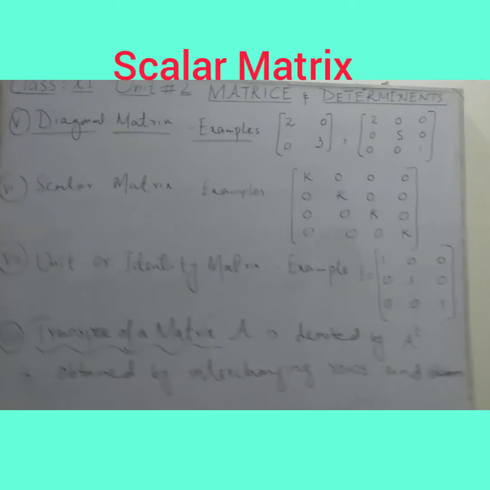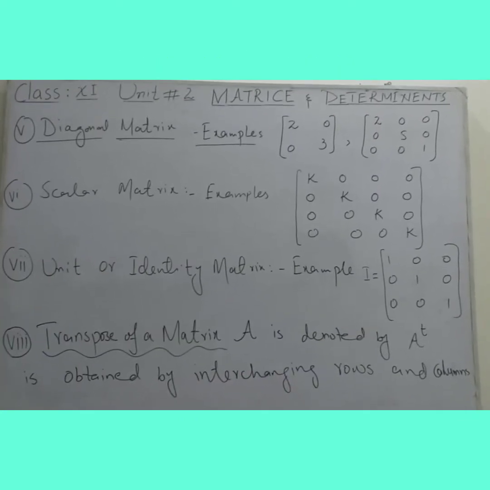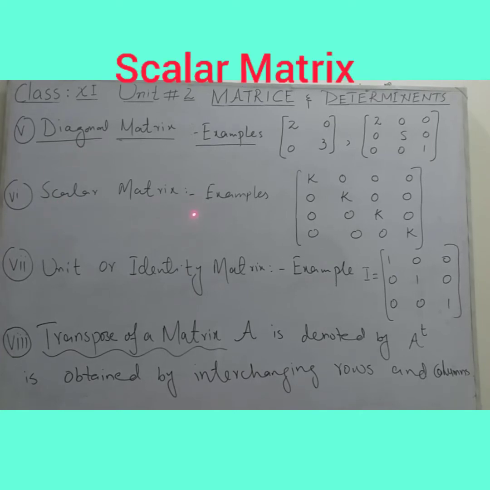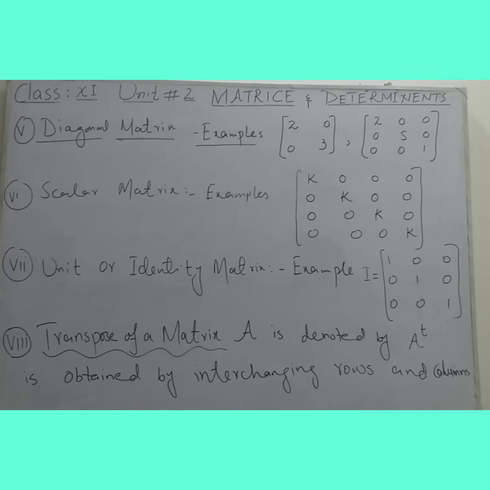Now, next, type 6 is a scalar matrix. A diagonal matrix becomes a scalar matrix when the main diagonal contains the same element, meaning it should be a constant. Here maybe it is 2, 2, 2, 2 or maybe it is 3, 3, 3, 3, any real number.